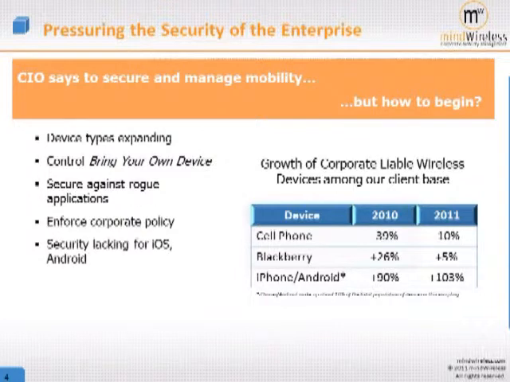Not only are employees demanding access for their devices, the device types connecting to corporate networks are multiplying. When looking at mindWireless corporate-owned devices under management as a whole, we have predictably seen traditional cell phones on the decline being replaced by smartphones and tablets. MDM solutions can help gain control of the security risks by monitoring who and what devices are connecting and enforcing policies on the devices themselves.